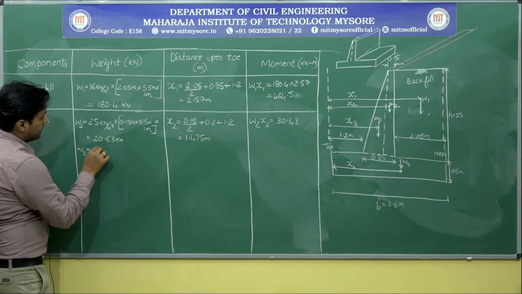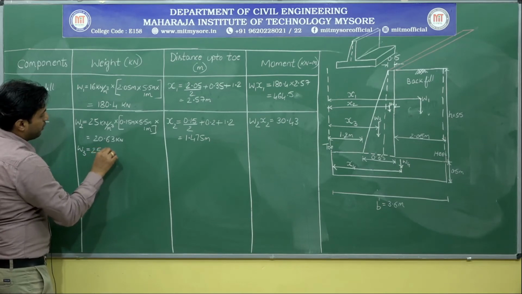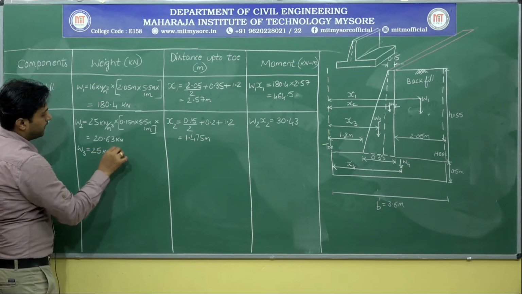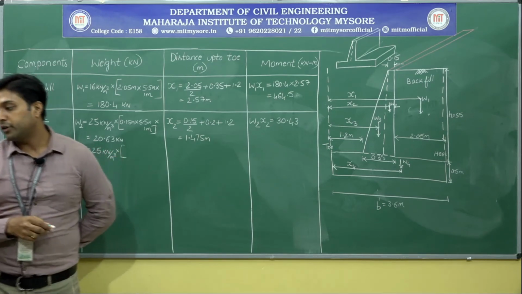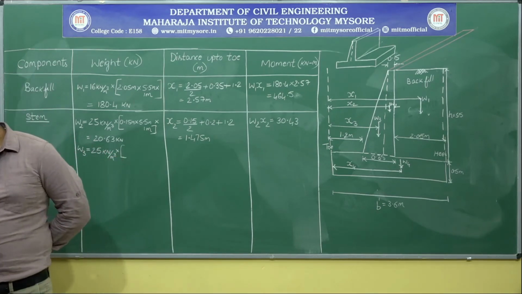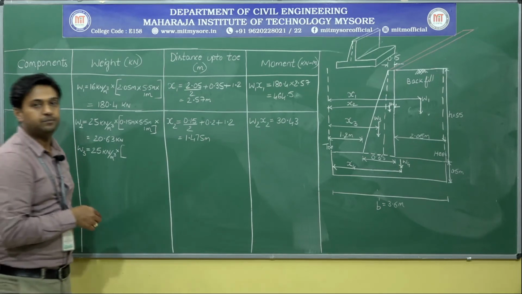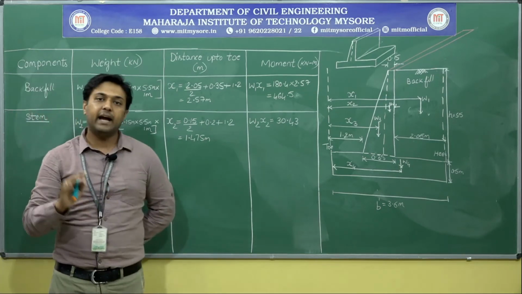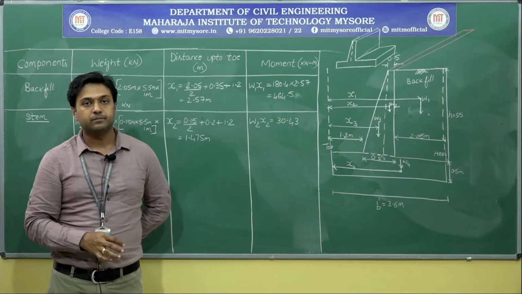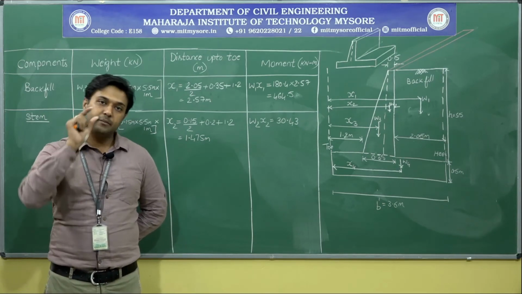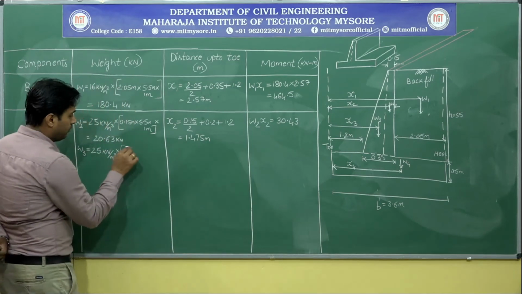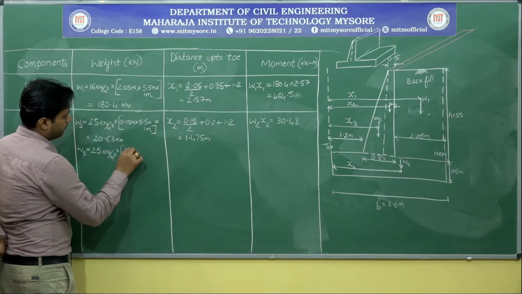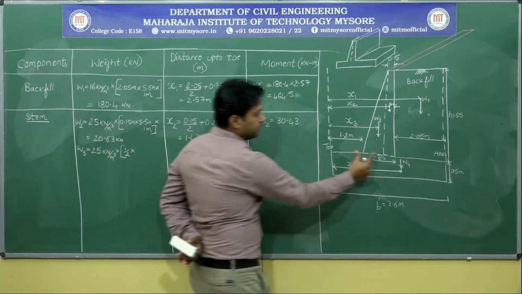So density, yes, it's 25 because it's a concrete structure. Into volume. So how to calculate the volume for that? So it is half into base into height. Okay, area into 1 meter. We want the volume. Volume is nothing but area into height. So area is half into, what is the base?